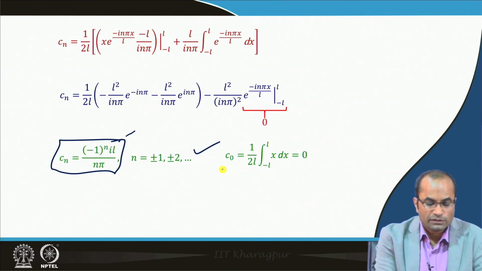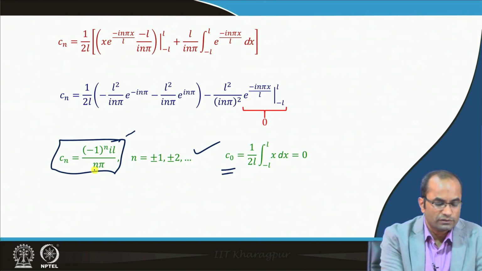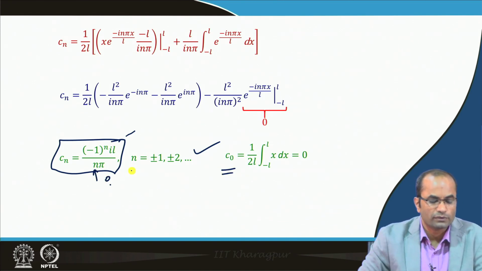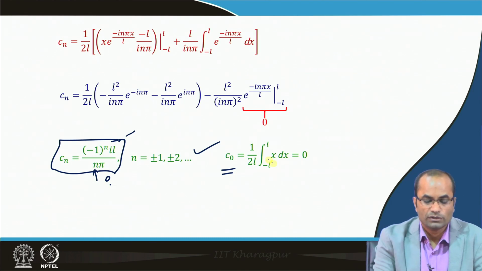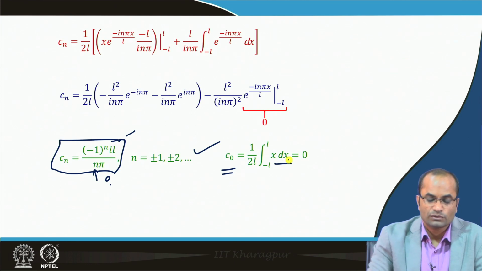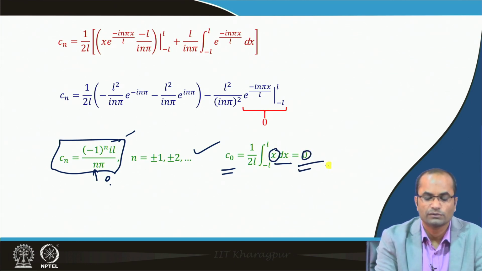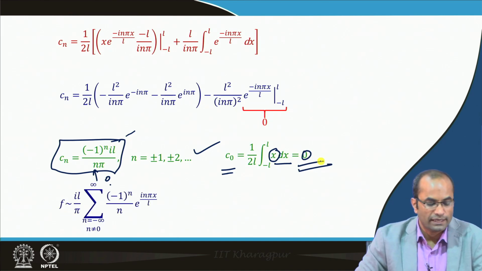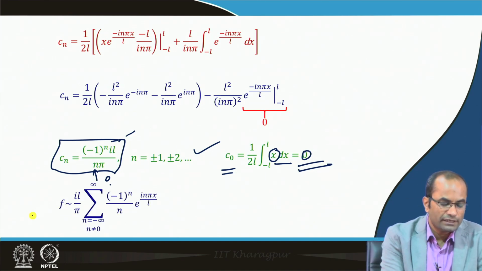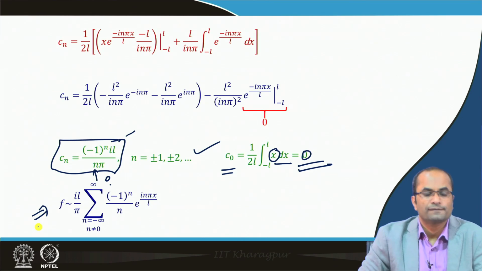Here the C 0 we can compute separately, because this expression is not valid for n equal to 0. So, C 0 is 1 over 2 L, integral from minus L to L of f x dx. This is an odd function over minus L to L, so this will be 0. So, we have C 0 as 0, and finally we can write the Fourier series.